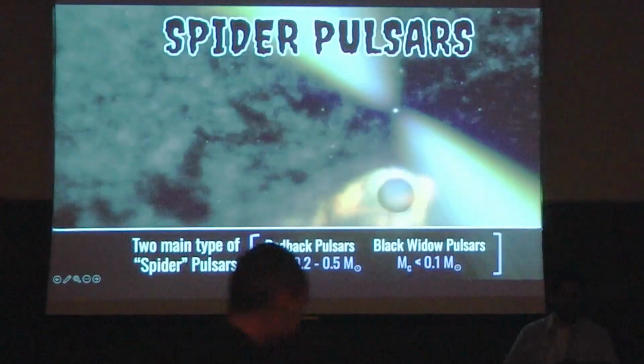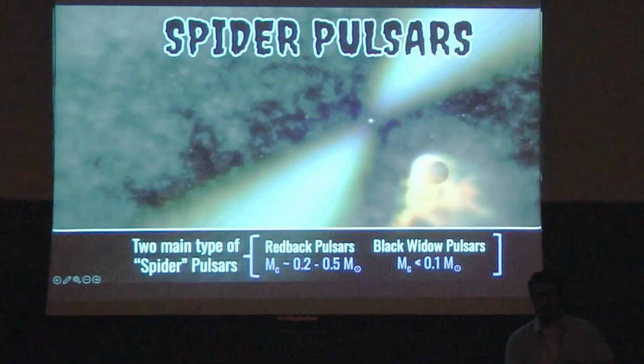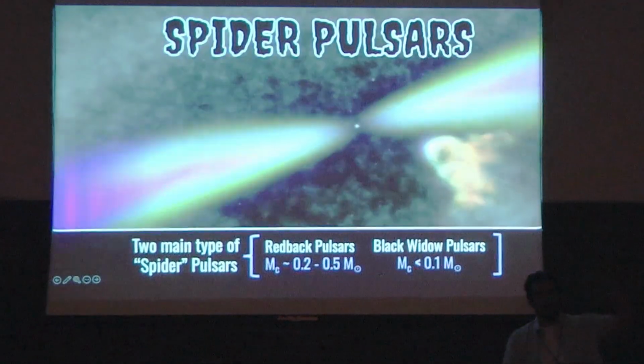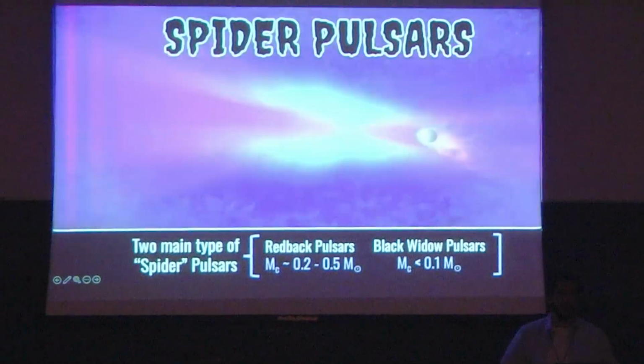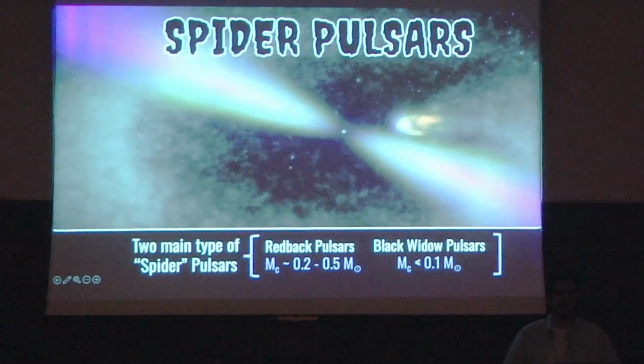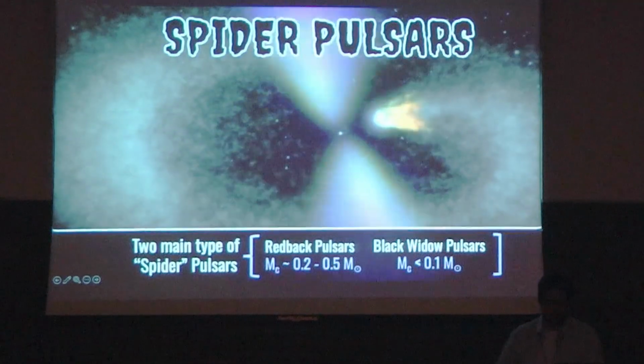And so in black widow pulsars, that shock forms around the companion, but then in redbacks, it's possible that the shock forms around the pulsar.